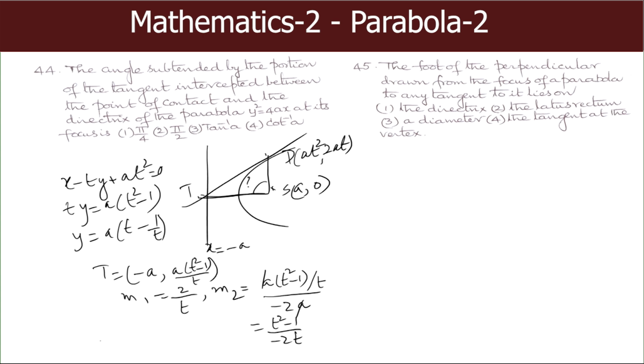The portion of the tangent intercepted between the point of contact and the directrix of the parabola at its focus. Yes. So slope of ST is (t² - 1)/(-2t) and SP is the line joining S and P (at², 2at). Oh, this is 2t by t² - 1. I'm sorry.